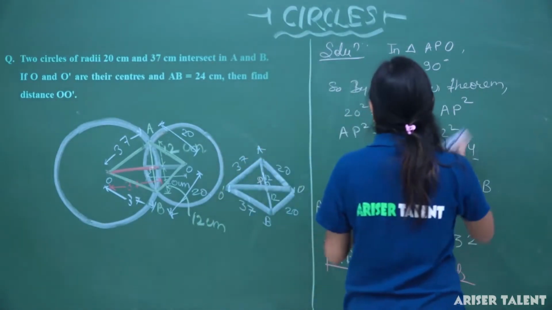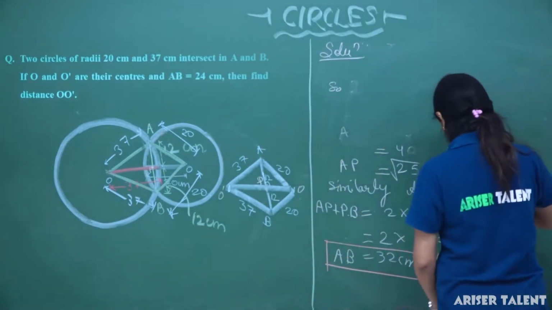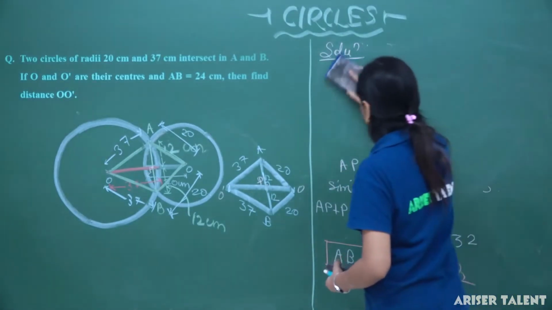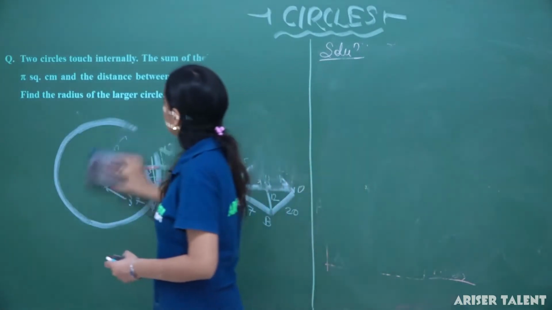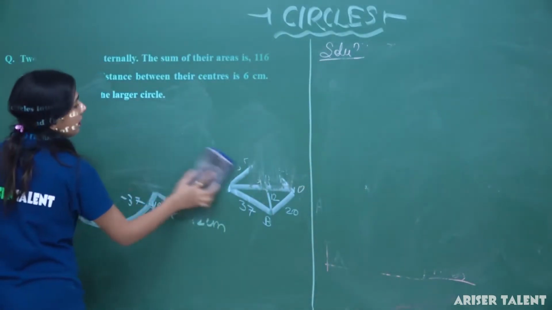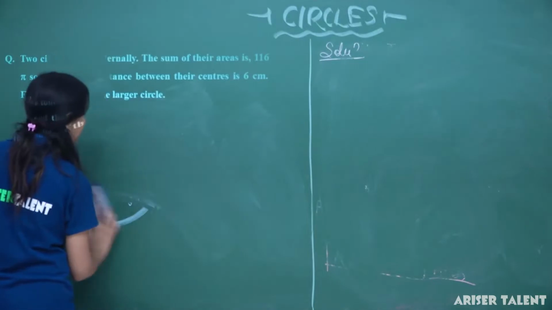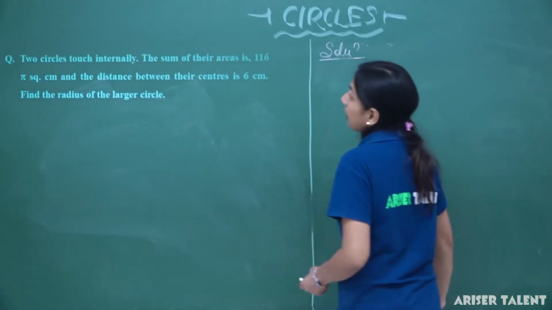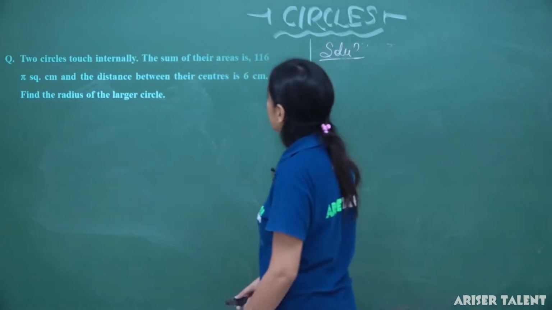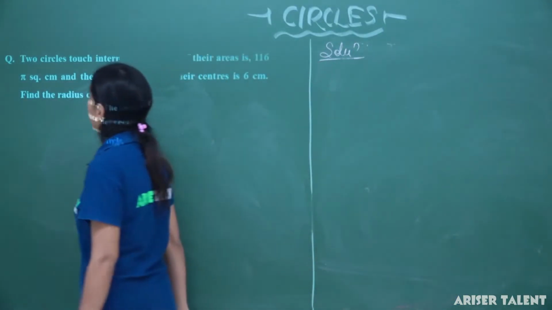So students, the next question that we are having is: two circles that touch each other internally. The sum of their areas is 116 pi centimeter square.